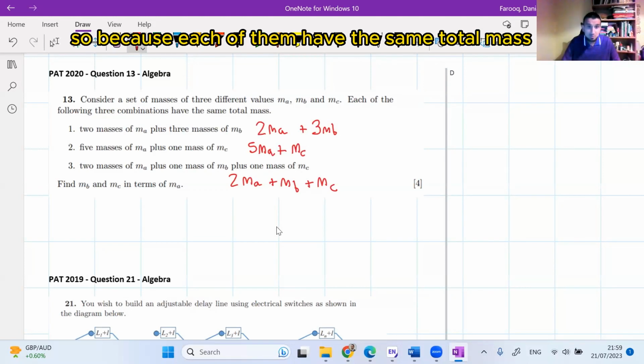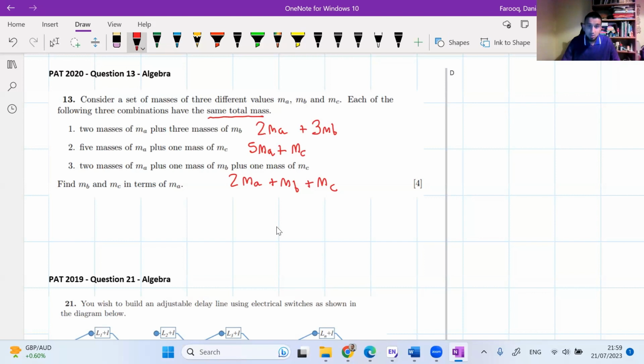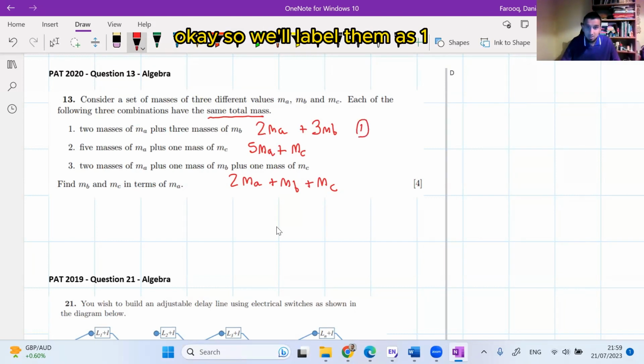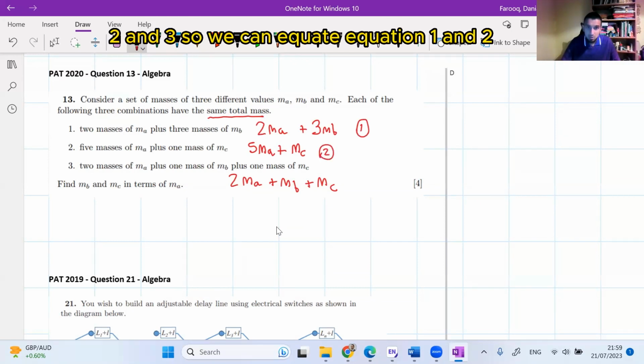Because each of them have the same total mass, we can equate all of them to each other. So we label them as 1, 2, and 3.